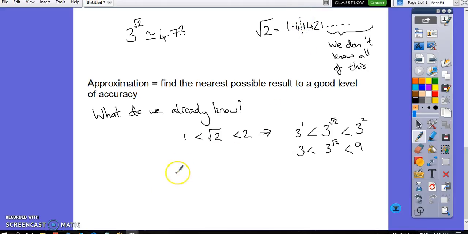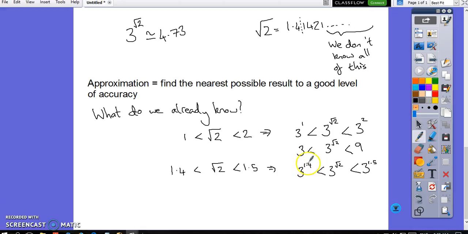So I know now that the square root of 2 is between 1.4 and 1.5, which means that it's between 3 to the power of 1.4 and 3 to the power of 1.5.